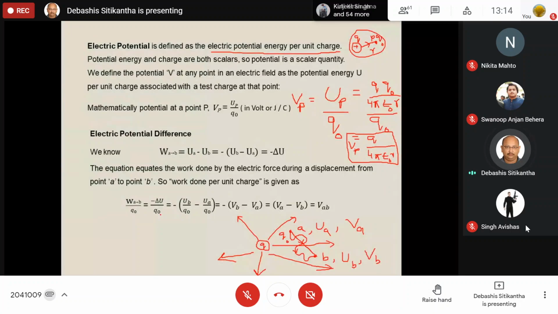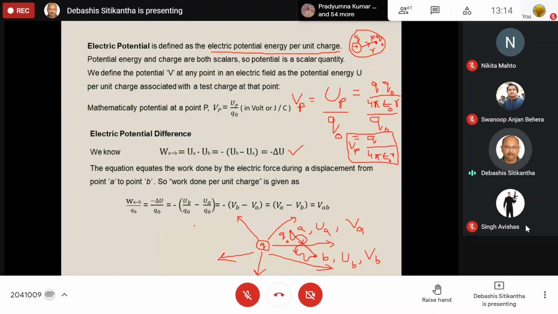As I told you, the electric potential difference is nothing but the work done in moving a test charge from one point to the other divided by the magnitude of the test charge. So as we have already got from the above equation, WAB is nothing but the negative of the change of potential energy. And if we divide this WAB by Q0, then on the right hand side we also have to divide it by Q0.